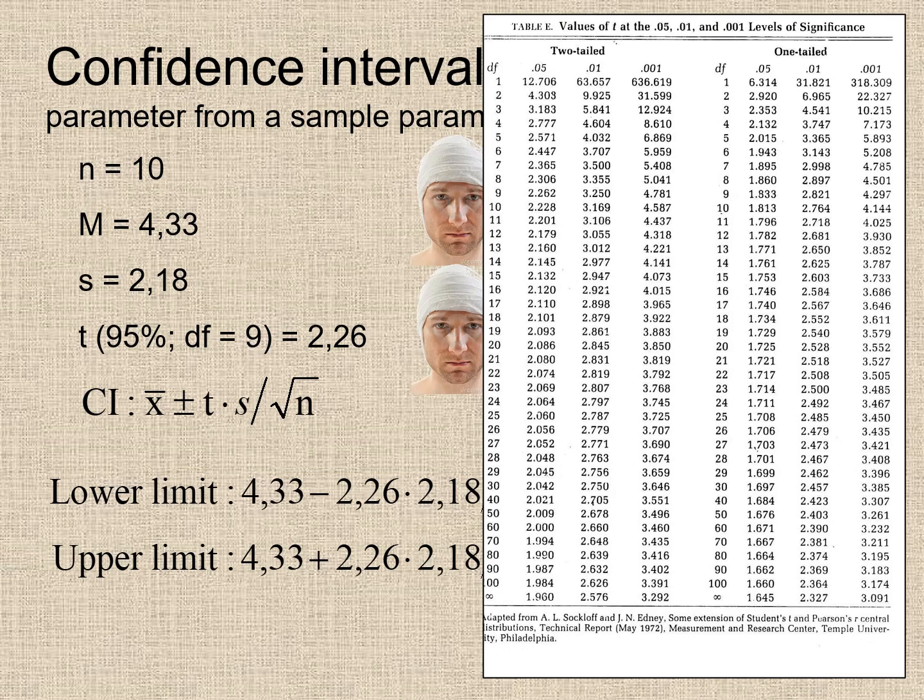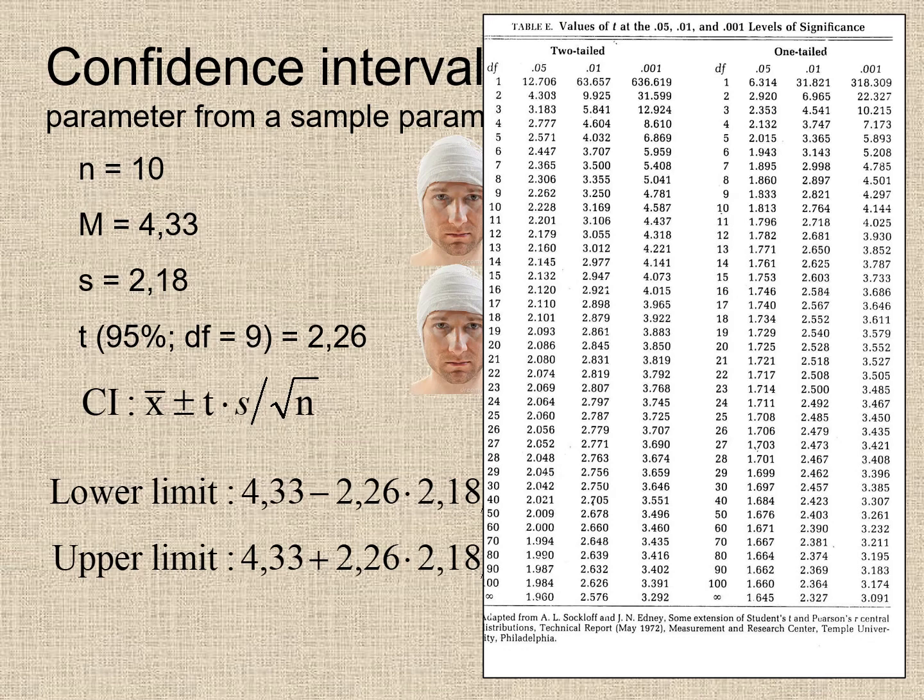That value is the critical t-value. It means that samples of this size, of size 10, with 95% probability have a sample mean that is within 2.26 standard errors from the population mean.